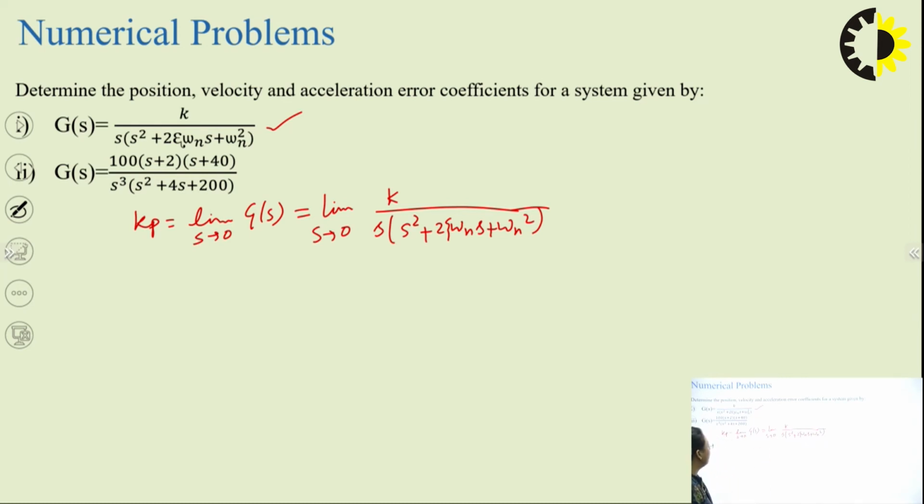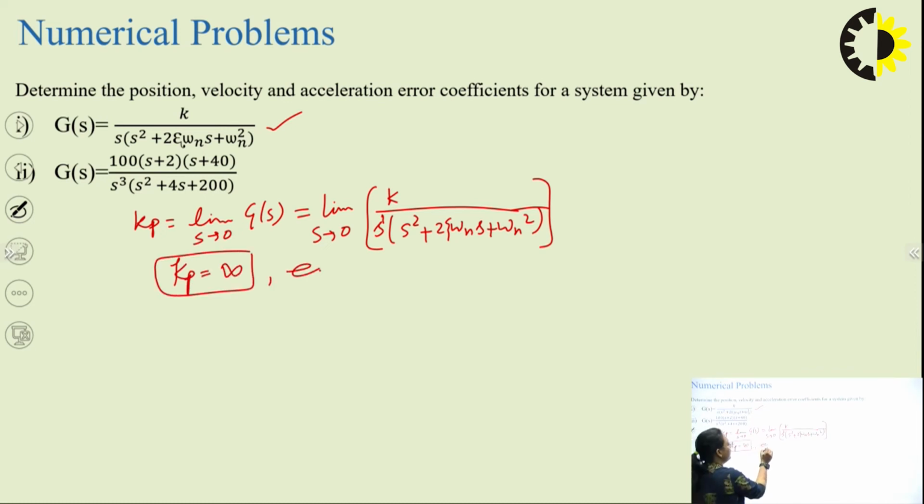For a type 1 system we get the value of Kp as infinite. If I put limit s tends to 0 in this equation, the value of Kp is infinite, so the corresponding steady state error will be 0 in this case. This is a type 1 system.